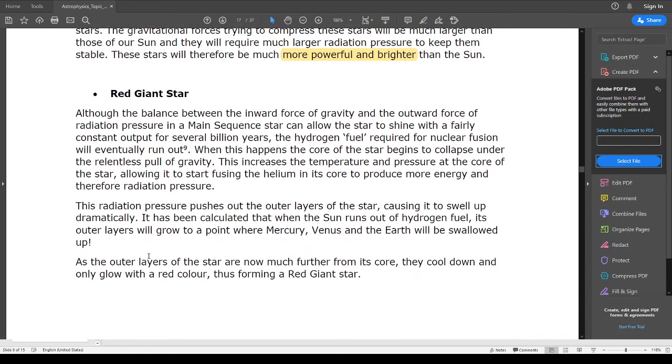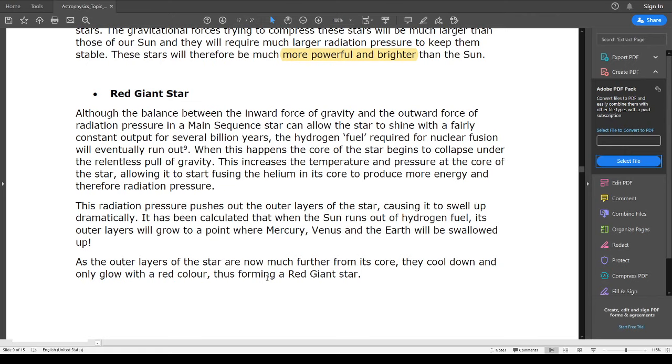Anyway, as the outer layers of the star are now much farther from its core, what happens when the star has swelled up this dramatically into this huge star? It's now a very large star.